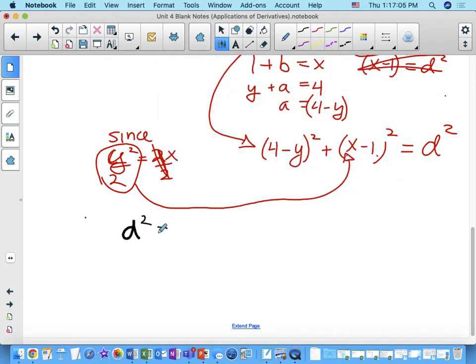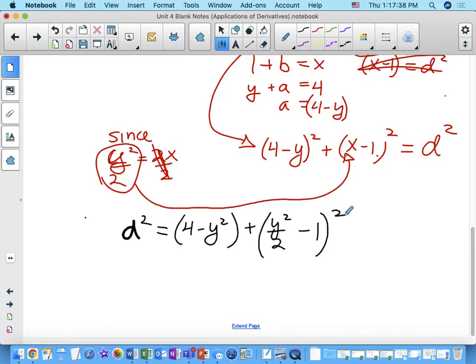D squared equals (4 minus y) squared plus (y squared over 2 minus 1) squared, because I can replace the x with y squared over 2. And now I have a relationship between my distance that I want to minimize and one variable.